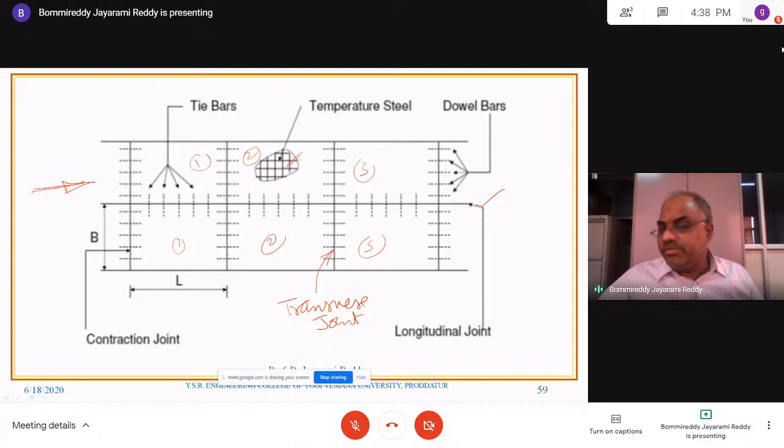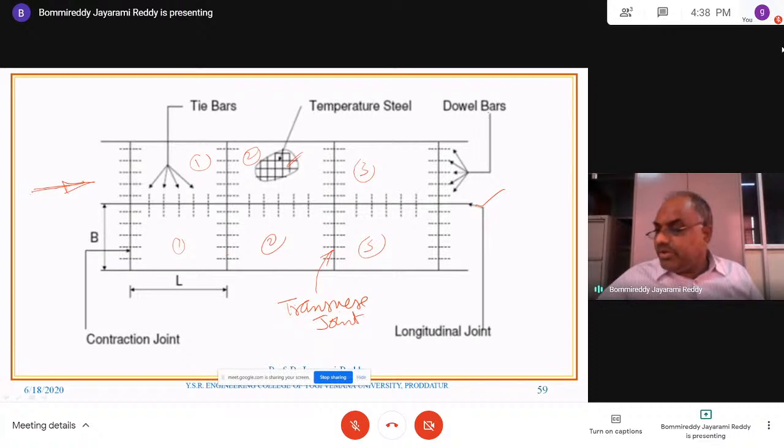Temperature steel is meant to distribute the loads evenly to the surrounding parts. For that purpose, temperature steel reinforcement is being used. Otherwise, there is no need of using steel reinforcement in these slabs. And again, these dotted lines are the reinforcement in different directions.